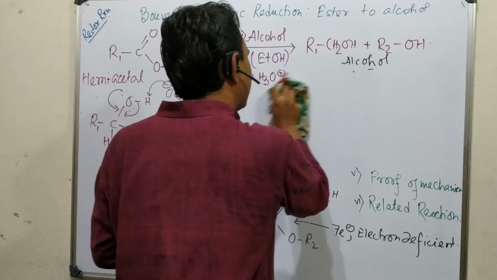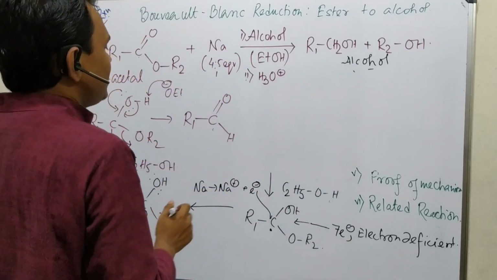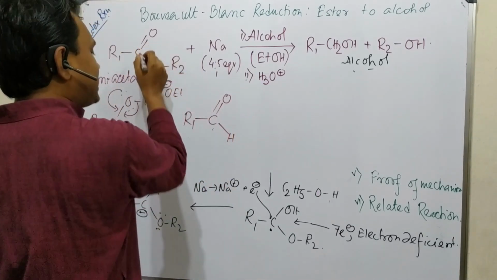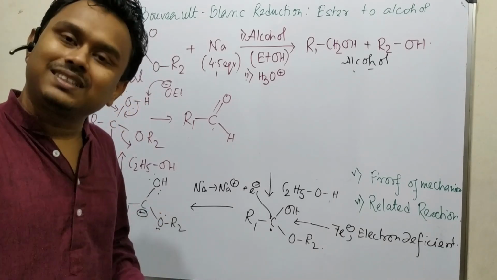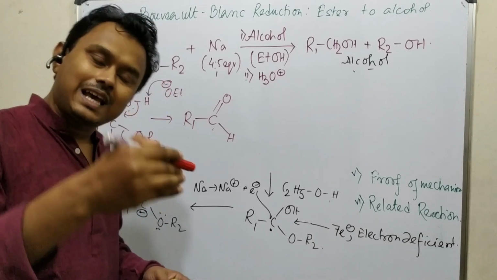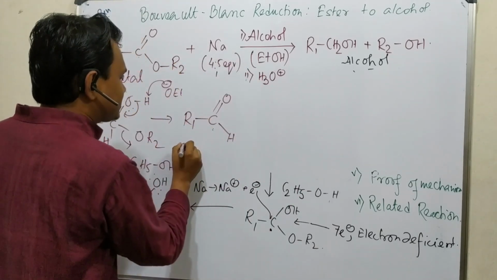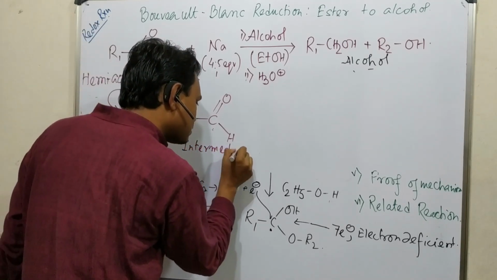This aldehyde, it can further reduce. And another thing, this is not completely reduced, it's an intermediate. Like we know alcohol to aldehyde to carboxylic acid; in reverse, the carboxylic acid or ester to aldehyde to alcohol, this is an intermediate state. Okay, this is the intermediate.